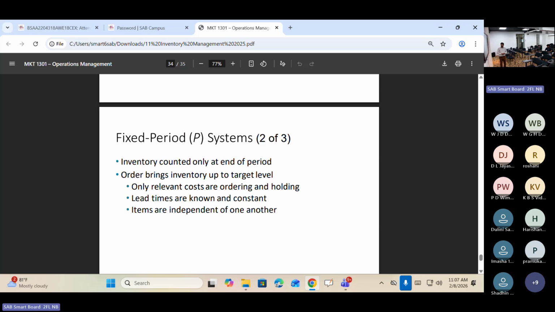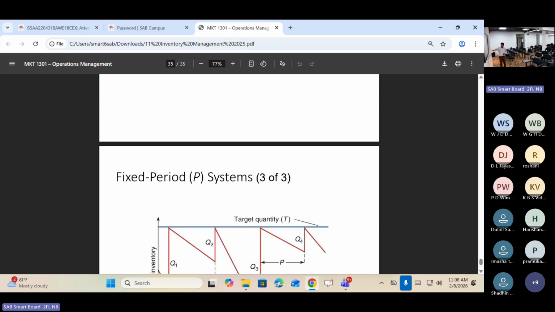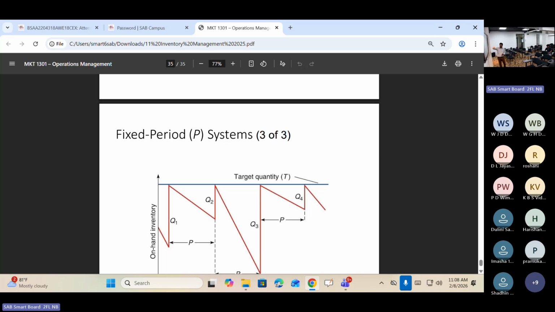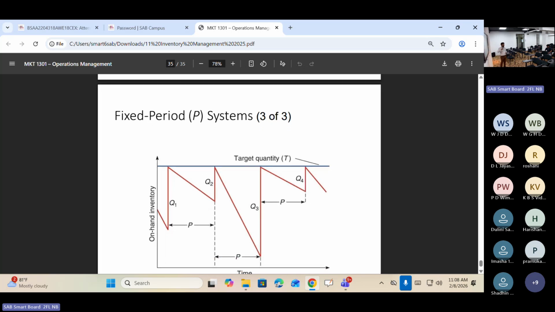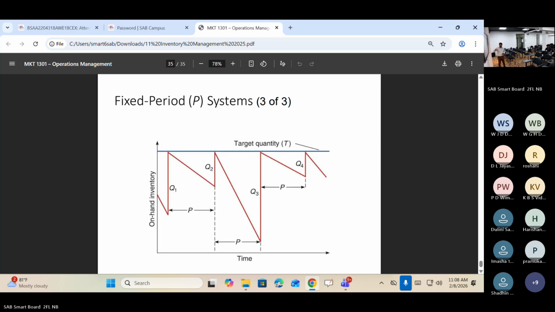They operate in a way like this: at a regular interval, P is fixed. You decide the optimal period at which to check your inventory levels that minimizes the cost. Q may vary, or the quantity will vary, but P is constant. We'll study about them in future.